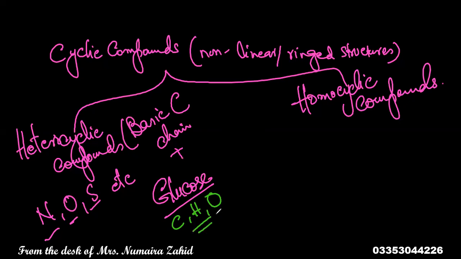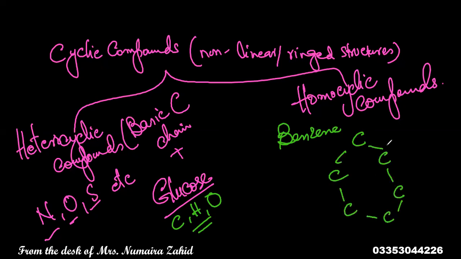When homocyclic compounds are considered, these cyclic compounds have atoms of the same elements in the rings, for example, cyclobutane or benzene. When we talk about benzene, benzene has same ring structure, means 6 carbon atoms are covalently bound with each other, and each carbon is connected with one hydrogen atom. Here alternate double and single bonds are present.